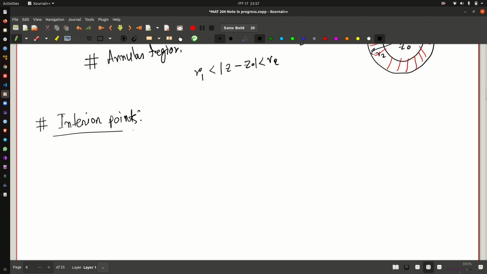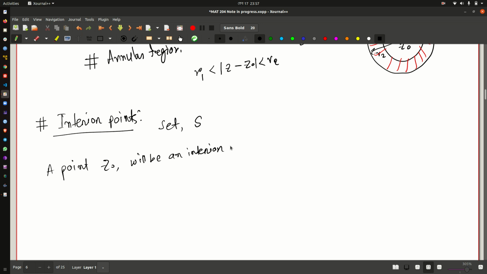Let's say you have a set S like this, then a point Z0 will be an interior point of S if you can draw a neighborhood around this Z0.